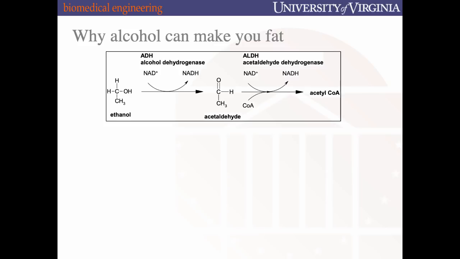And this goes back to those intermediates that I had talked about between the output of glycolysis and the input of the TCA cycle. Recall that we handled pyruvate differently under anaerobic conditions, under fermentation conditions, than do yeast.